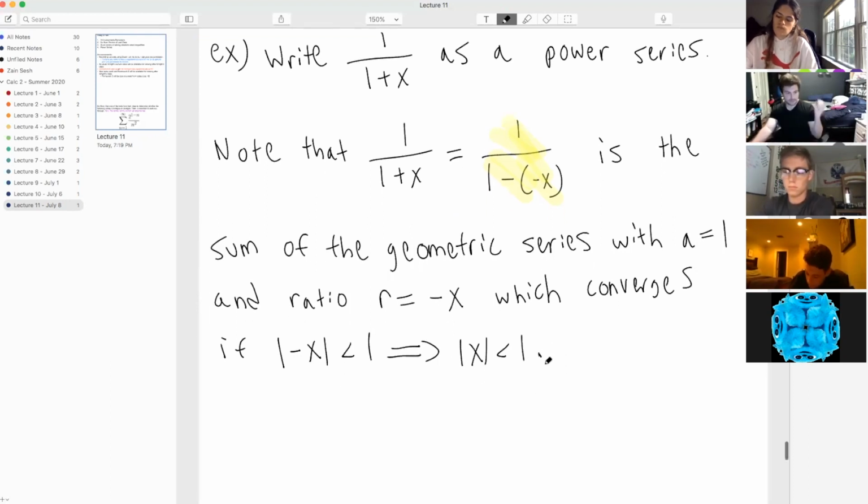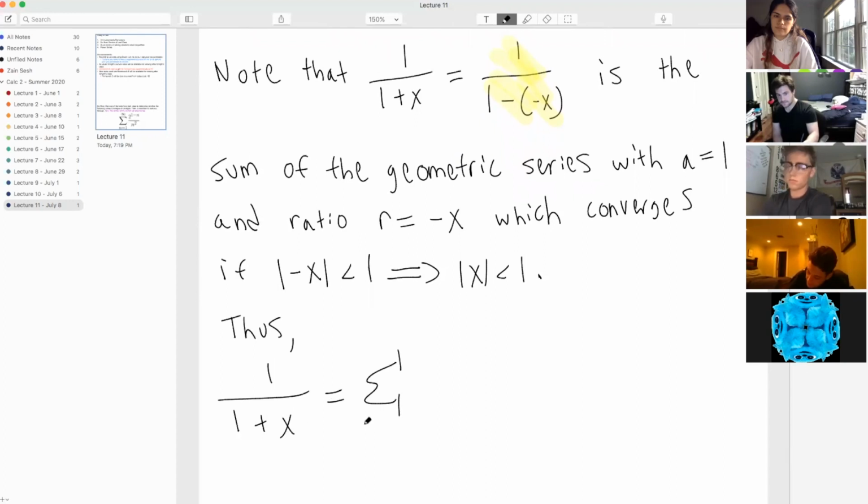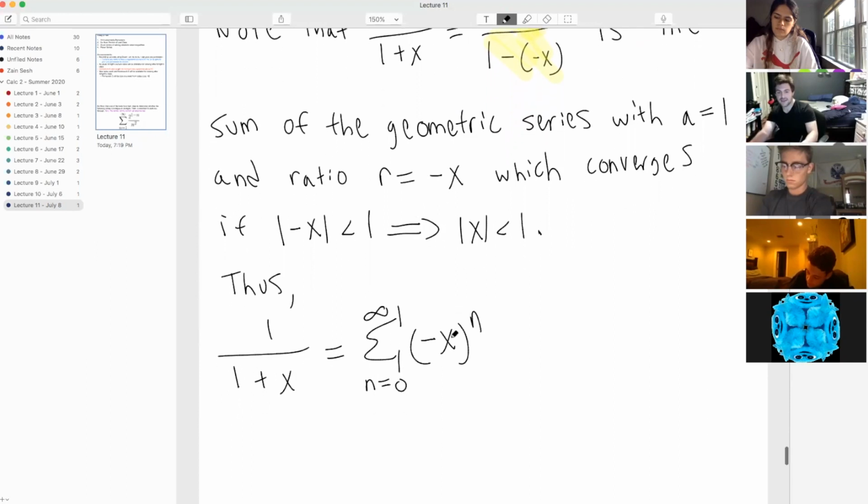All right, so we're pretty much done now. Thus, 1 over 1 plus x will equal the sum from n equals 0 to infinity of the ratio to the nth power. And why is that negative x in parentheses?